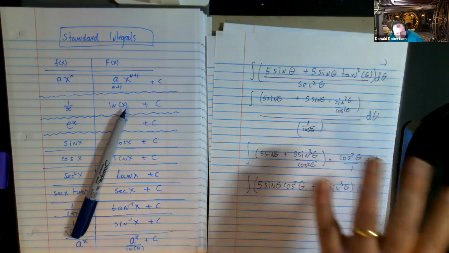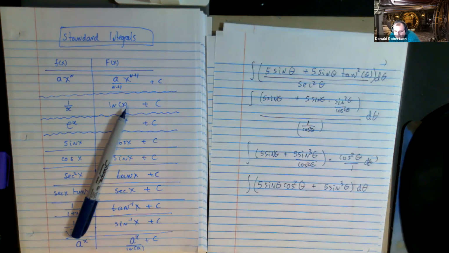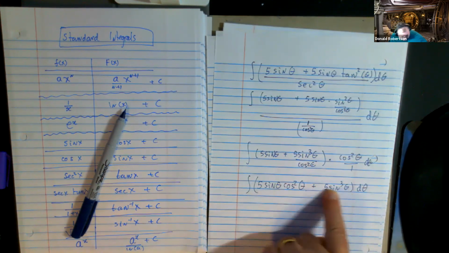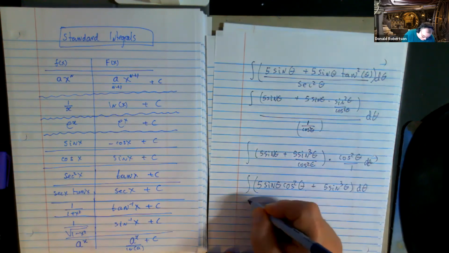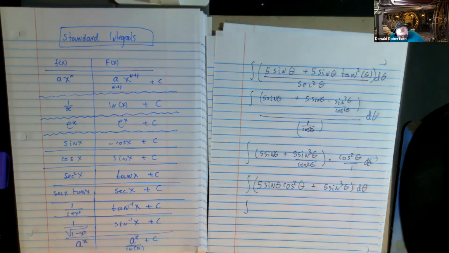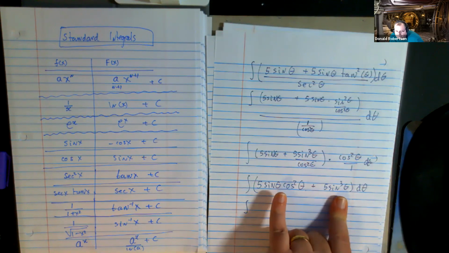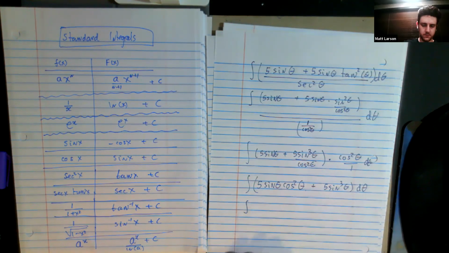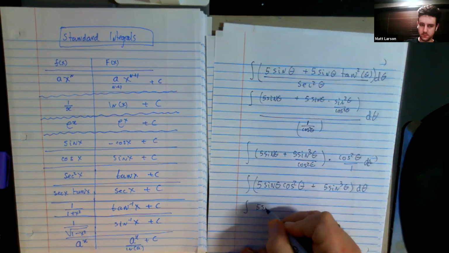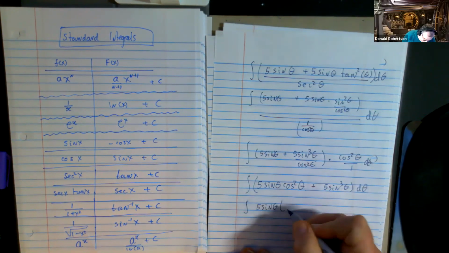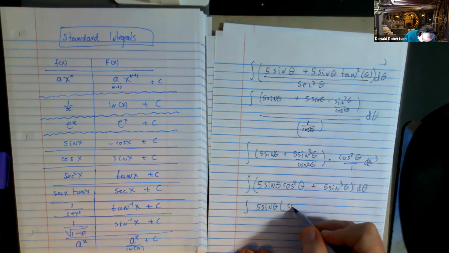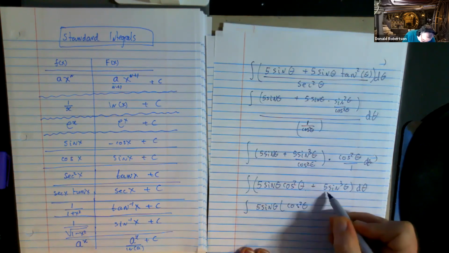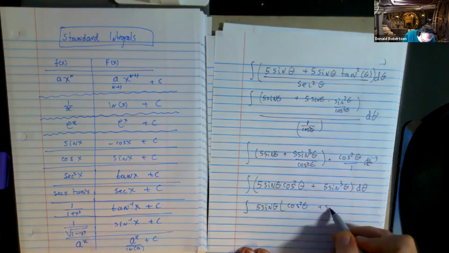This is going to take us a lot longer than the other one, but it is eventually going to work. Can you see any common factors that we could pull out? Five sine theta. I agree with you. Now, if you pull it out of here, you're left with a cos squared theta. If you pull a 5 sine out here, aren't you left with a sine squared theta?